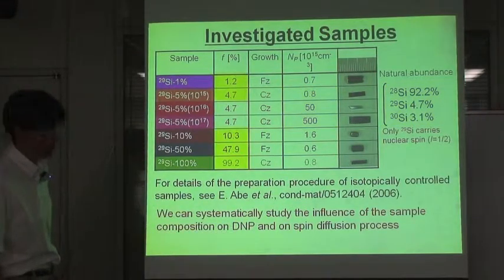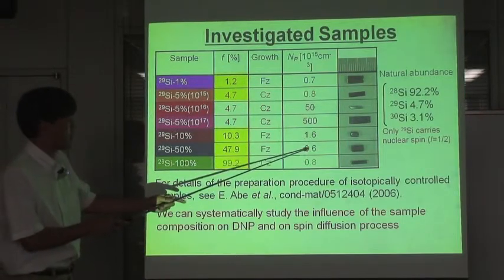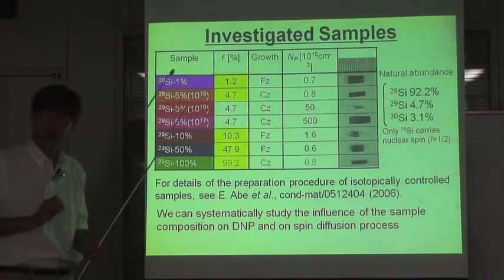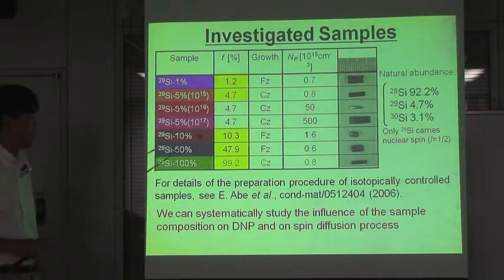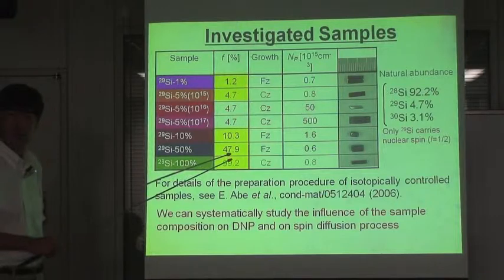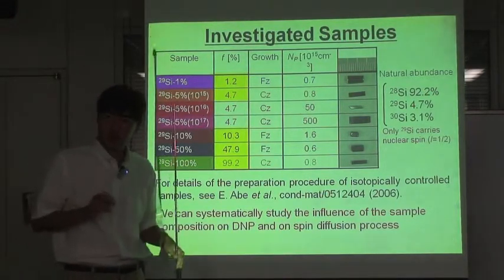The other set of samples has about the same concentration of phosphorus, about 5 times 10 to the 14, or 0.5 times 10 to the 15 per cubic centimeter, but different 29 silicon concentrations, from 1.2% to 99.2%. So this is almost 100% 29 silicon crystal.